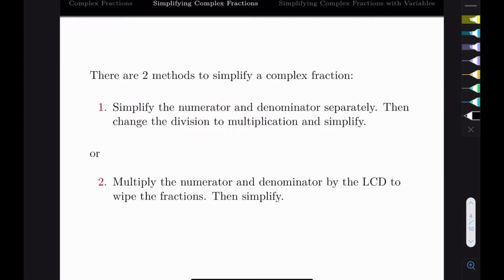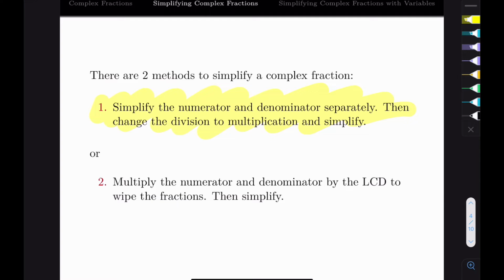The second option is we can wipe the complexity by multiplying the top and the bottom by the least common denominator. So we're basically wiping those fractions within fractions and getting a single fraction in return. Then once you do that, we simplify. My personal preference is this one because I think the second one can get a little bit messy. But again, either one works for you.